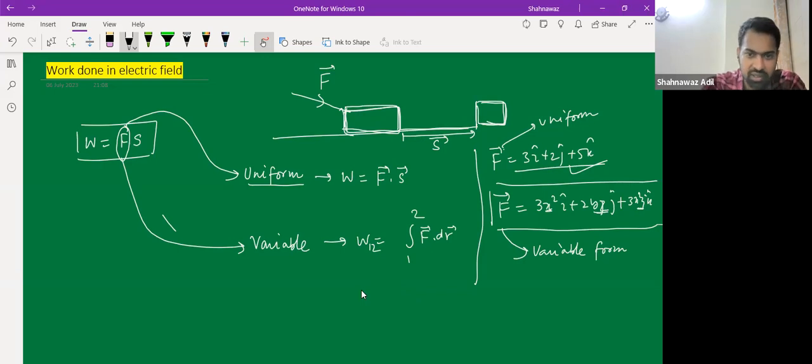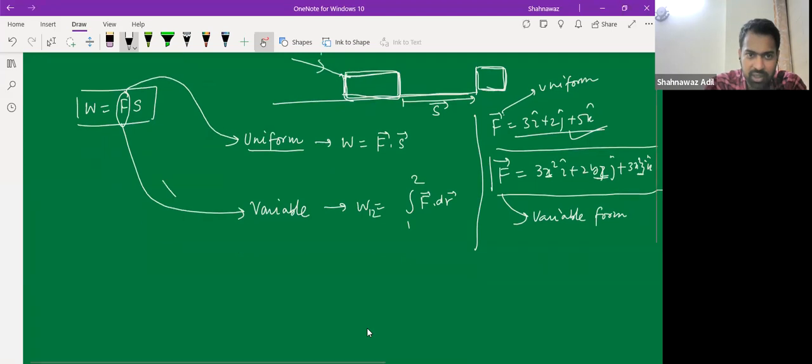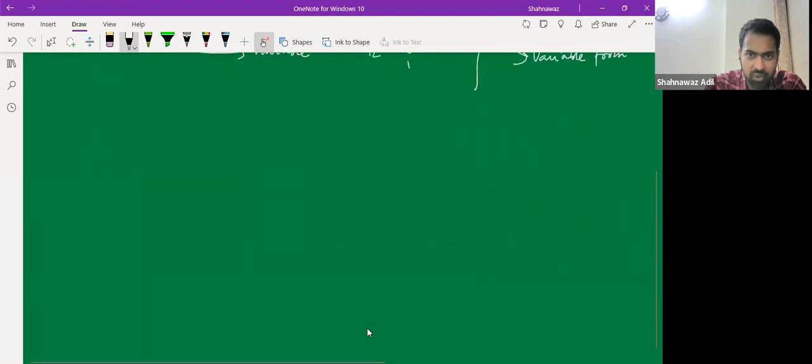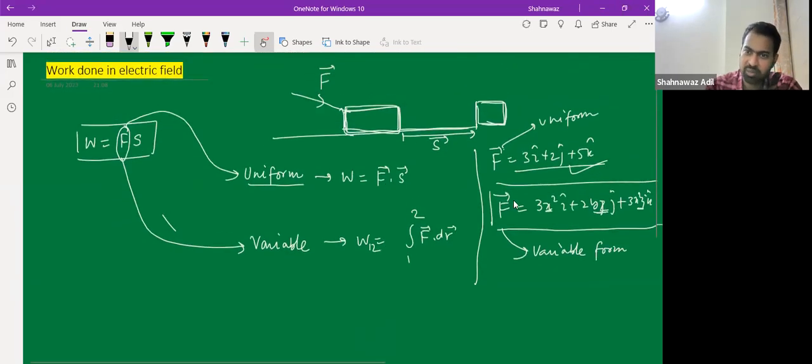So the analogy is the same, but the work is done by some charge. We are moving some charges in the presence of some electric field, right? So what would that be? In that case, you had some mechanical force.